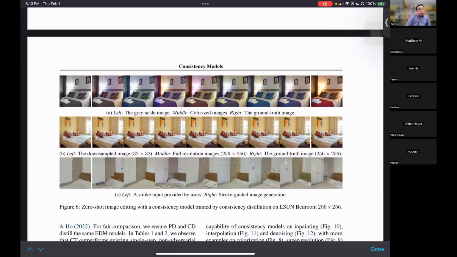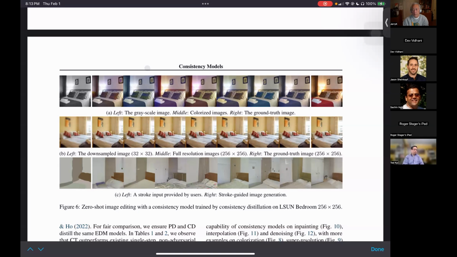These are problems that diffusion models are good at, if people have used Stable Diffusion or read other papers, and consistency models continue to be good for those as well. And as you can imagine, once you have the trajectory known, then wherever you start from, whether a black and white image, it can get you somewhere with some colors on it, because that's where it will try to get you to. So it works pretty well for any of those problems.